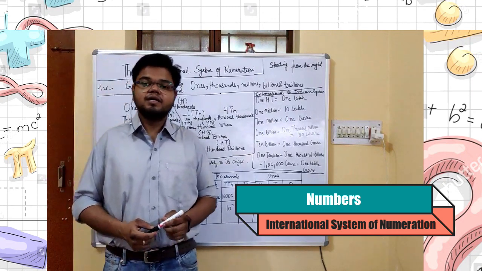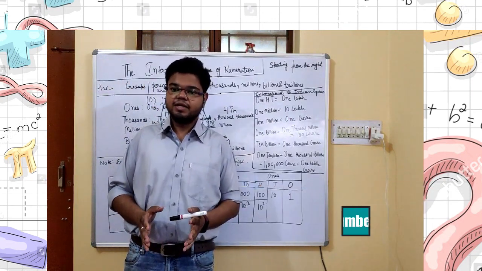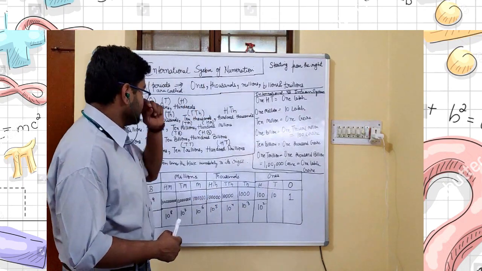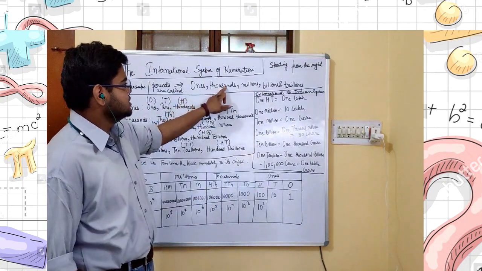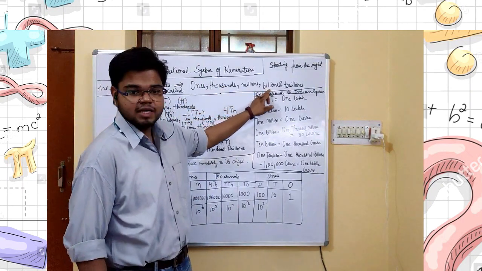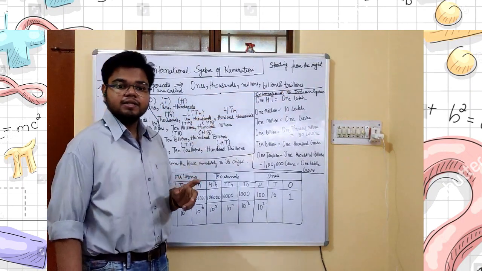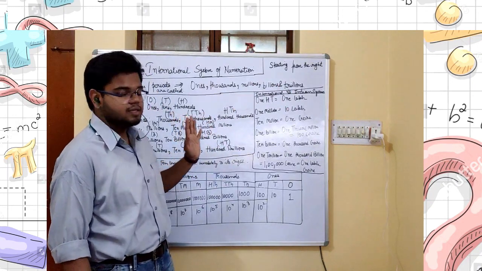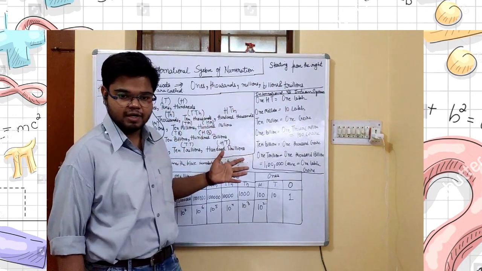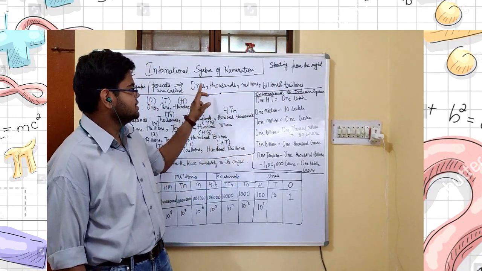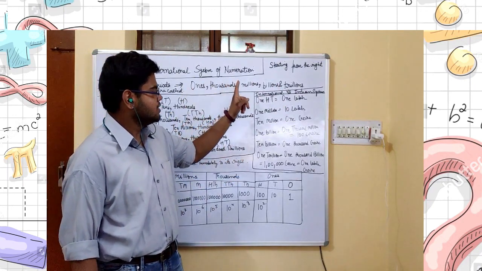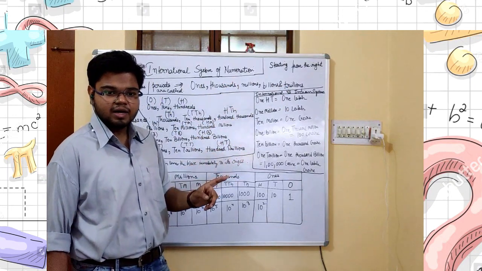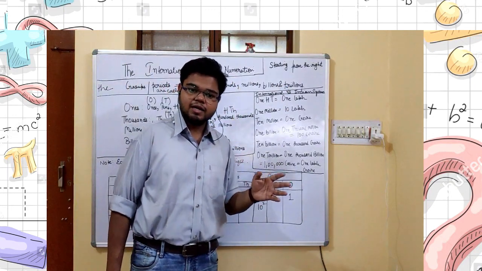In the international system of numeration, starting from the right, the groups or periods are called ones, thousands, millions, billions, and trillions. But in the Indian numeral system that we follow in India, it consists of ones, thousand, 100,000, lakh, 10 lakh, crore, 10 crore, Arab and 10 Arab.